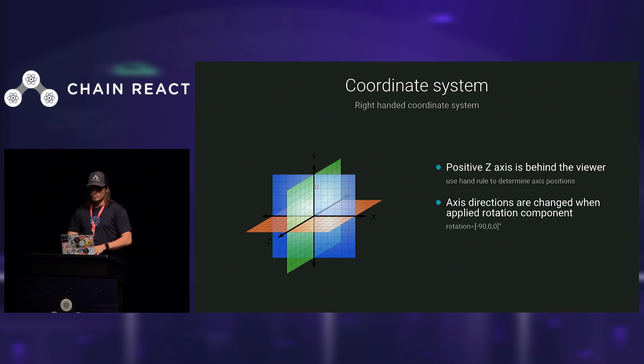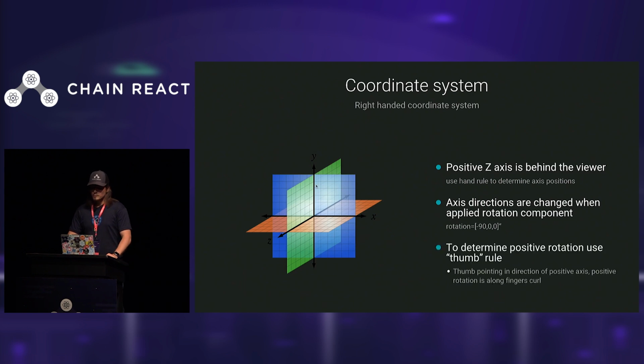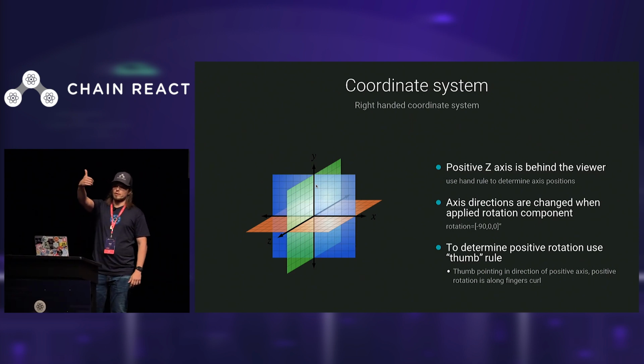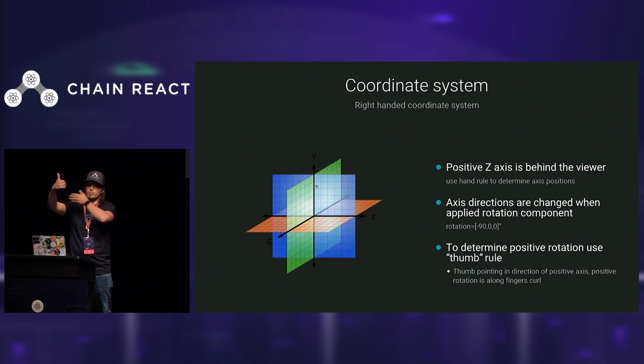So you apply rotation, you can get like minus 90 degrees on the x-axis. To determine positive or negative rotation, like how do you know which way we rotate? There's a thumb rule. You just hold your hand like that, and this is the positive rotation.